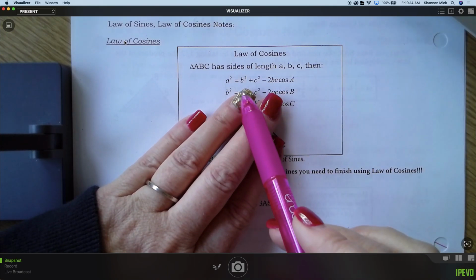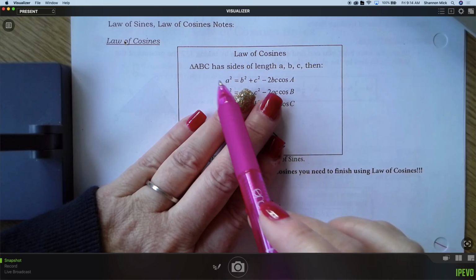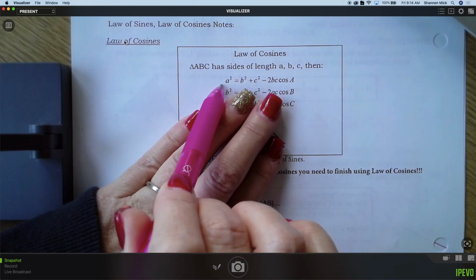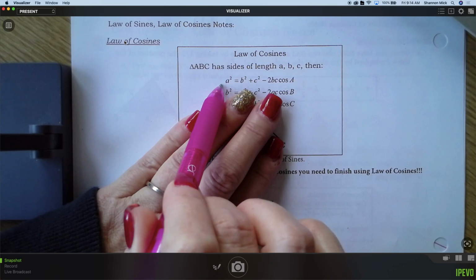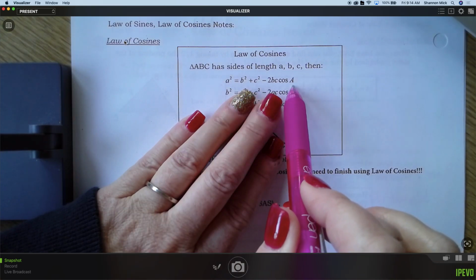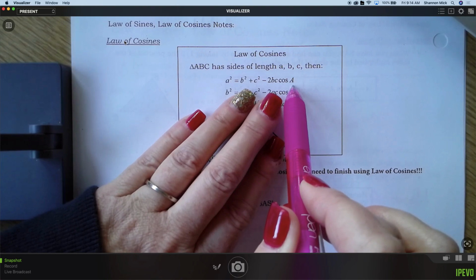So let's look at the relationship here. If I'm looking for this side, the angle I'm using is that angle, yes? Okay. And so then the other ones are just the other 2 sides, correct? Yeah. So it's side squared equals the other side squared plus the other side squared minus 2 times the other sides cosine of my angle.